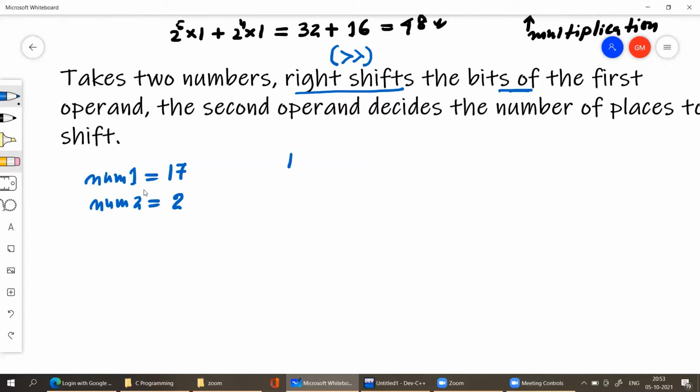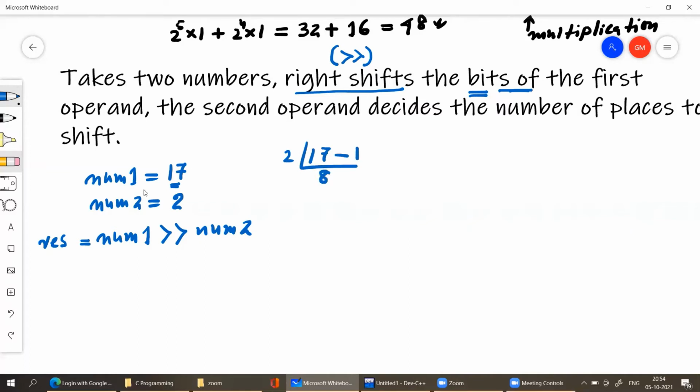I want num1 right shift by num2, and I want to save the result here. Let's first identify the binary of 17, because whenever we talk about bits, it means a binary number. So let's find the binary of 17.